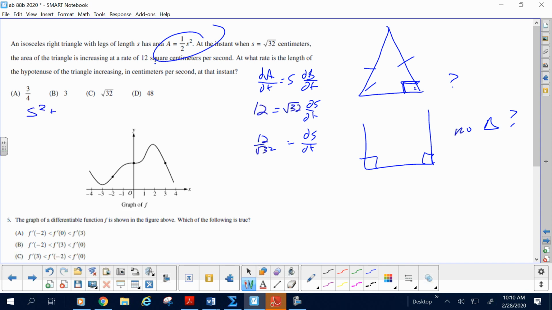Side squared plus side squared equals hypotenuse squared, or 2s squared equals hypotenuse squared. S squared equals 32, actually h equals square root of 2 times s, yeah? So dh dt is square root of 2 ds dt.